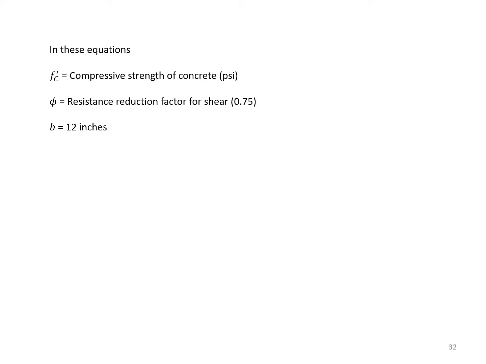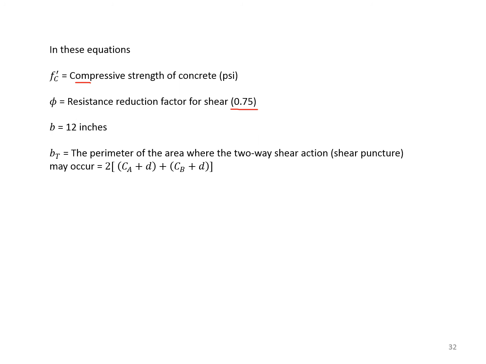So in these equations, f prime sub C is the compressive strength of concrete. Phi, the resistance reduction factor for shear, is 0.75. B is equal to 12 inches. Now, what is B sub T? This is the perimeter of the area at the critical location. The critical location is D over 2, so you are talking about what we call the punching area.